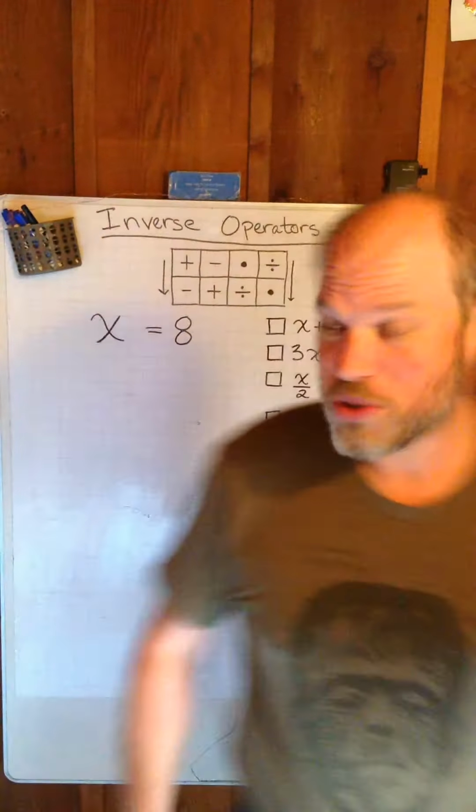3x equals 11. Okay, so what's being done to x is it's being multiplied by 3. So I need to undo multiply by 3. When I look at multiply and I look at the inverse operation, it's divide. So I need to divide by 3. So I'm going to say divide by 3.